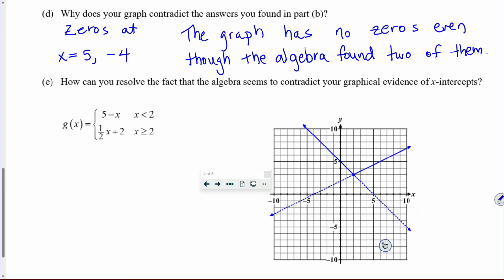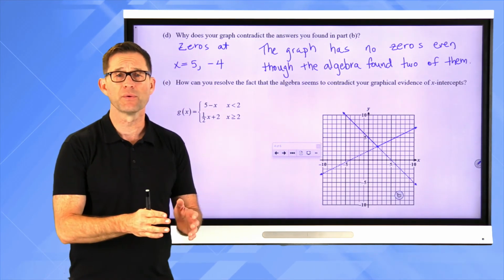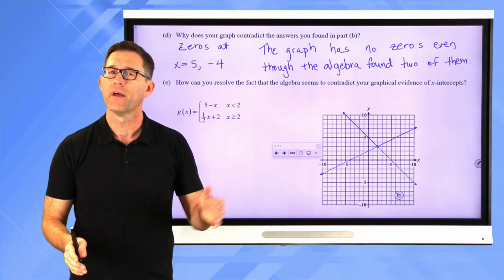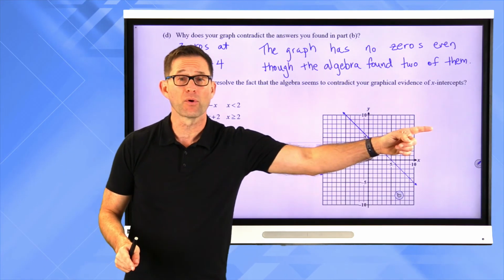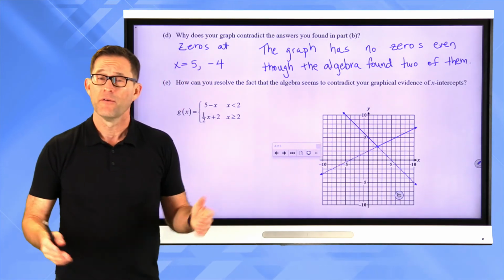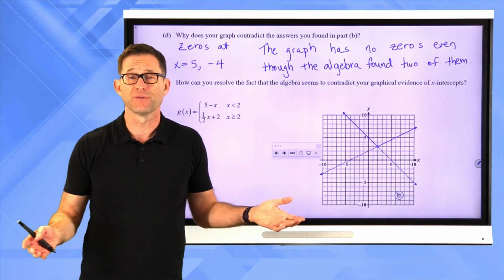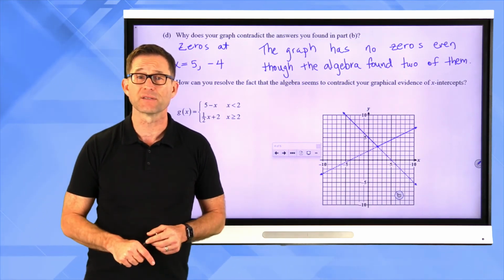Right? So using our algebra, we found zeros at x equals 5 and x equals -4, and yet the graph, remember, which is only the solid portion, has no zeros on it. It never touches the x-axis.